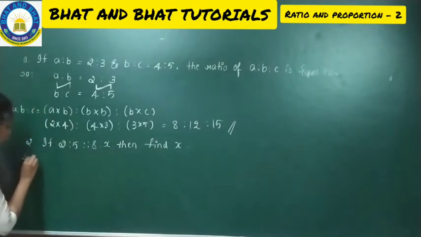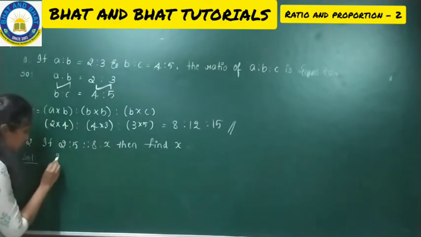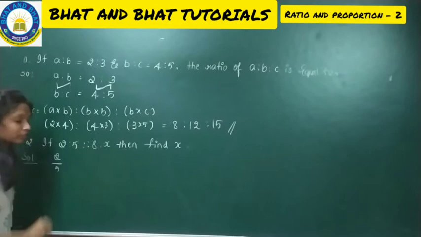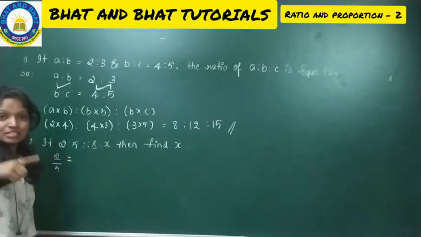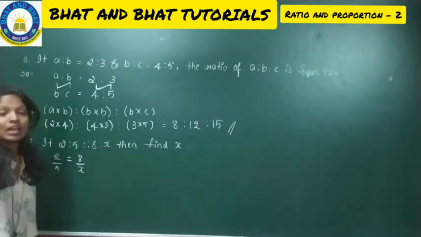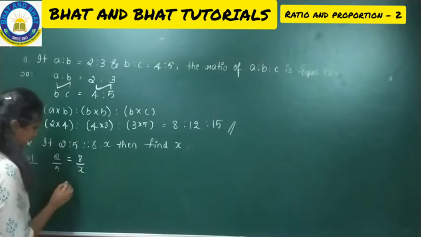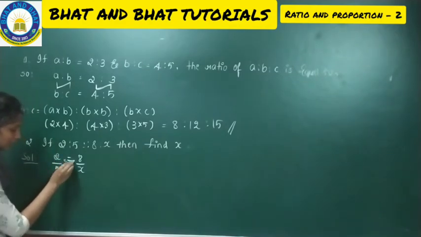As we all know, a ratio can be written in the format of a fraction. So 2 is to 5 can be written as 2 by 5. Proportionate to is nothing but is equal to. 8 is to x can be written as 8 divided by x. Now take the variable outside, cross multiply.